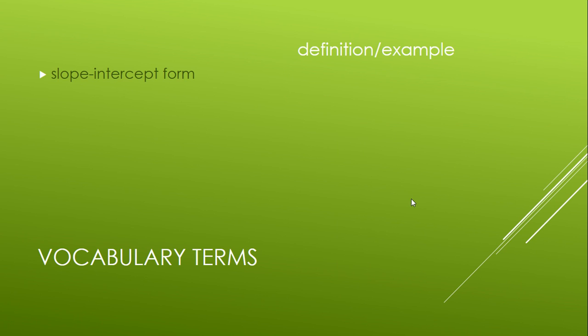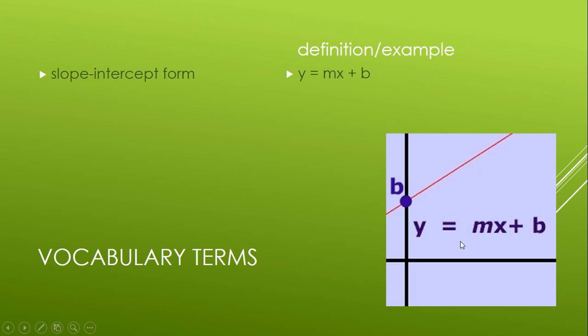Slope-intercept form is a related idea. This is slope-intercept form, y equals mx plus b. Let's break that apart and see what it looks like. Here we have a similar one to what we just saw. This is the y-intercept right here. That means that m is the slope. And so this slope is positive. It goes the direction we read, like we're walking uphill. So that's a positive slope. And it looks like it's just a little bit less than 1.